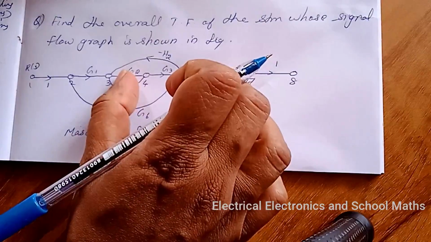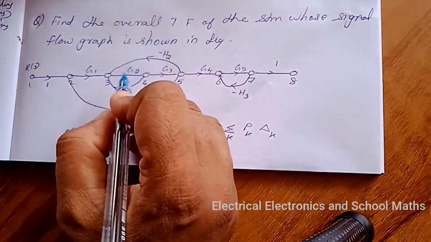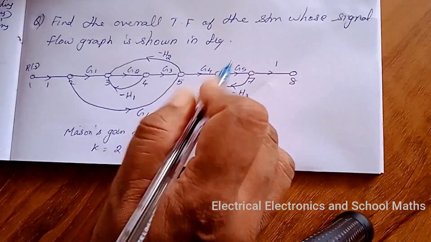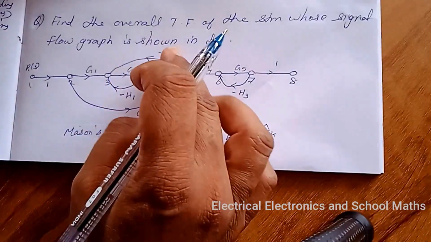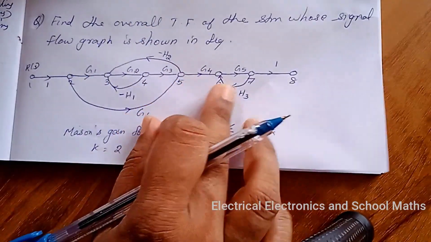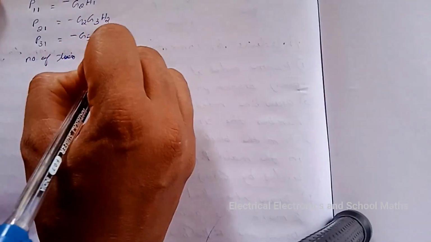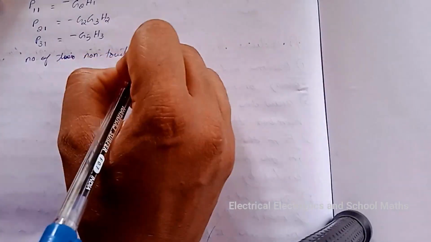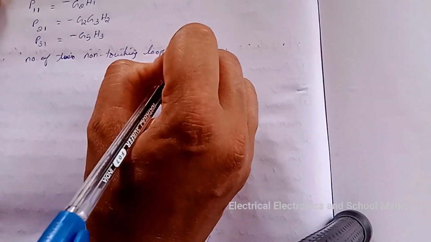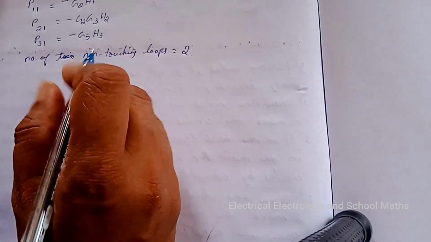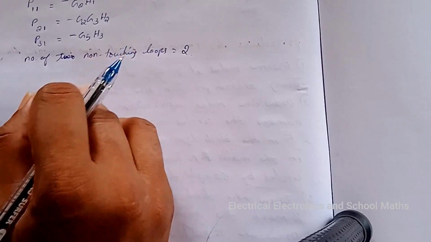So these two are non-touching loops. Again, this loop and this loop are non-touching. So the number of two non-touching loops is equal to 2.